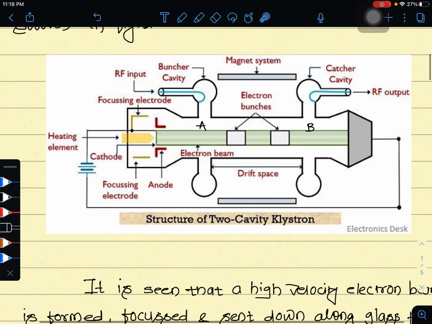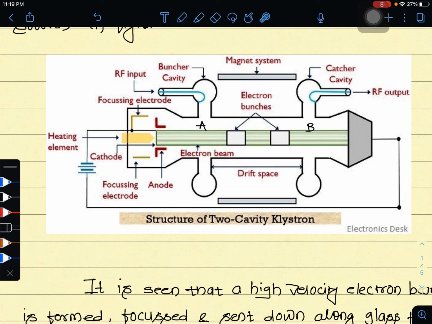On another point, when the electrons leave the region of the first grid, that means they leave grid 1, and the electrons pass through the grids of the buncher cavity.